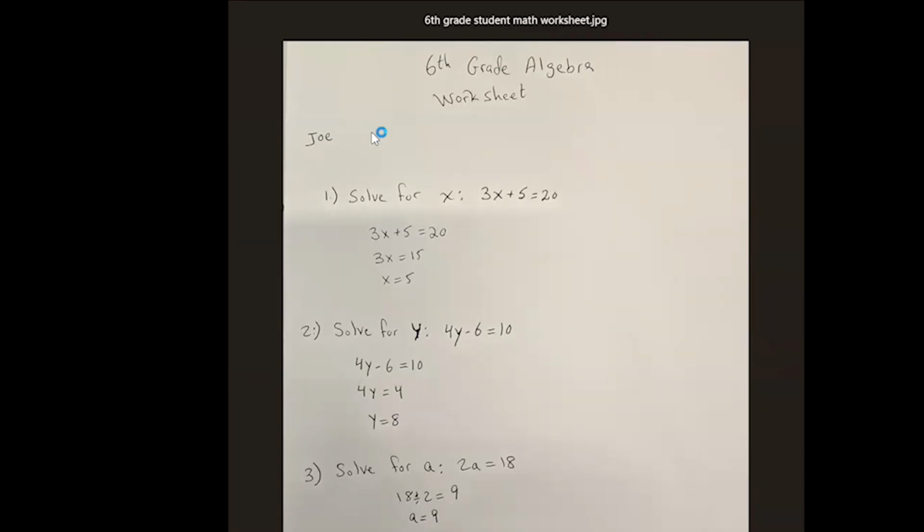Now, the idea here is that I'm going to give this to Copilot, even though some of the answers are incorrect. If you look at, for example, number 2, y does not equal 8, so the student did it wrong.